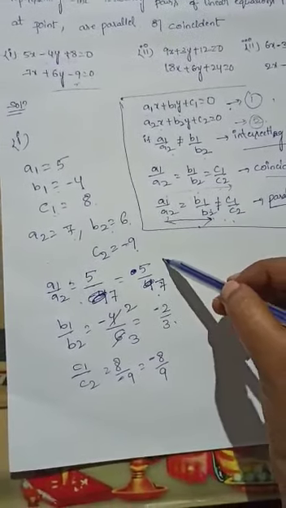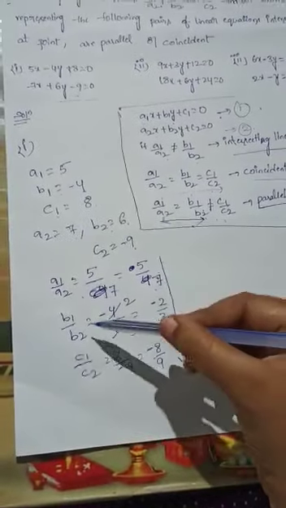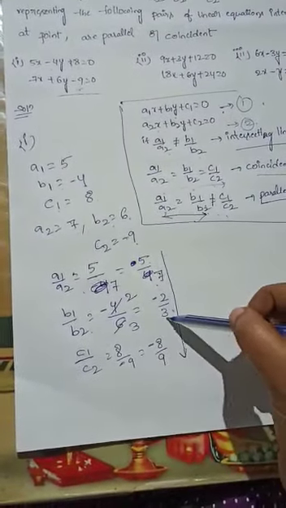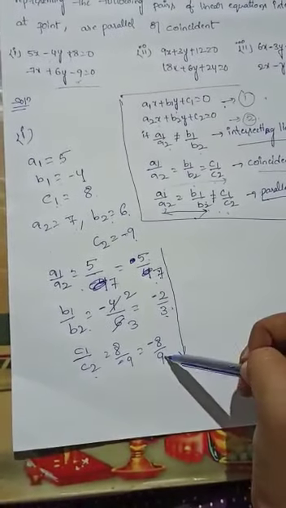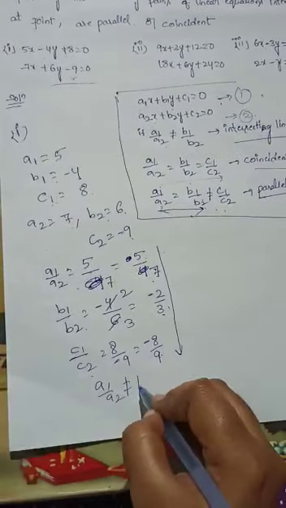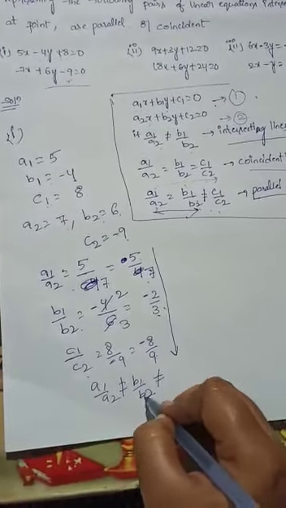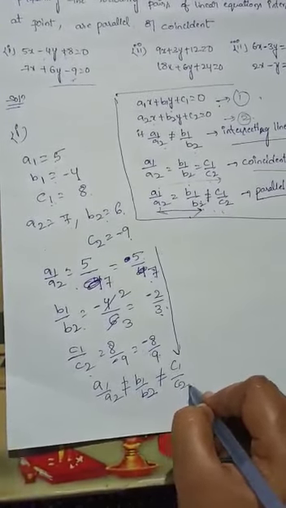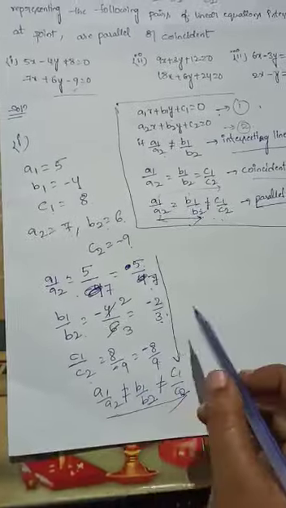See these ratios. Here a1 by a2 equals 5 by 7, b1 by b2 is minus 2 by 3, and c1 by c2 is minus 8 by 9. These ratios are not equal. a1 by a2 is not equal to b1 by b2, and b1 by b2 is not equal to c1 by c2. These three ratios are not equal.